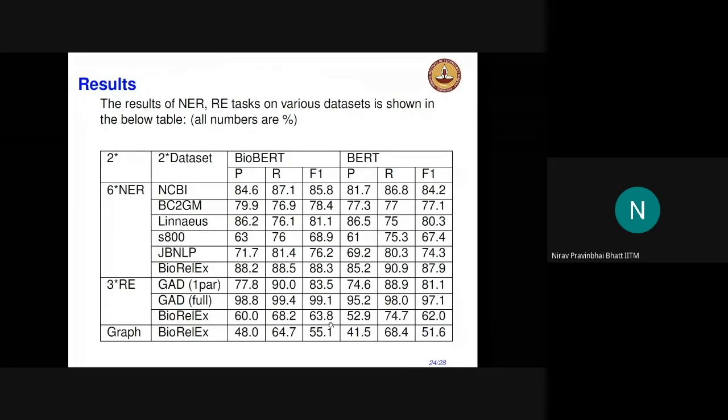Now we have done this for many other data sets. We have done it for GAD data, for GP NLP data, and now we are trying to see what the performance is.